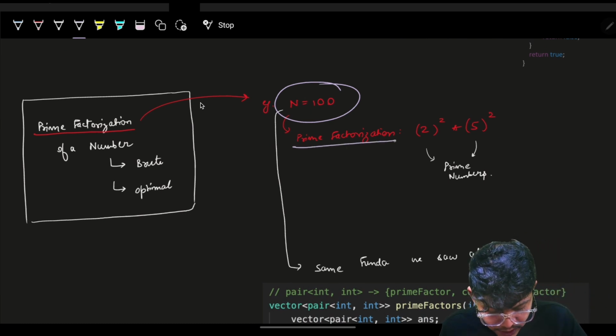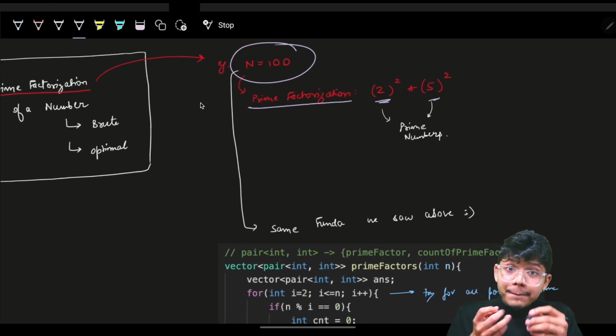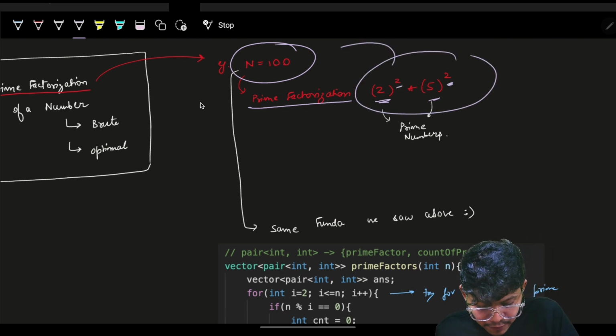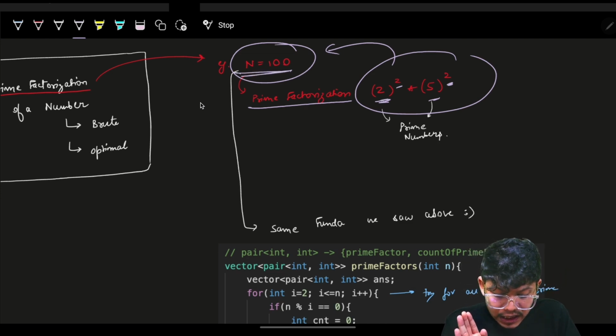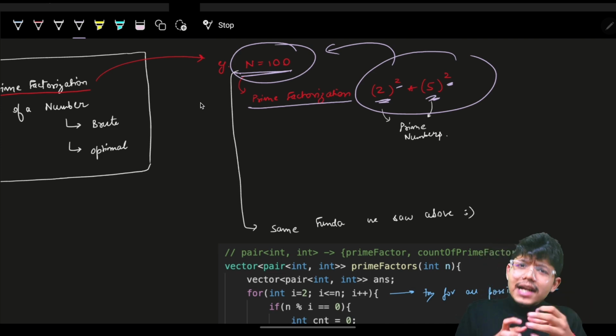I'll simply say it's 2 and 5, but 2 is occurring twice, 5 is also occurring twice, and the multiplication of this will give me the number 100. That is the reason I can simply say that the prime factors of my number 100 are 2 with a count of 2, and 5 with a count of 2. That is the prime factor output which I want to return.